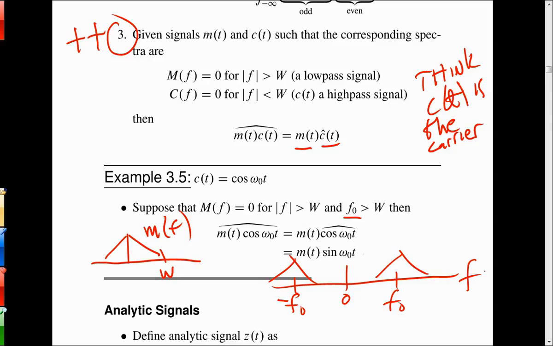So if you Hilbert transform that, the phase shift applies to the carrier only, it doesn't apply to the message, so you get m of t times the sine of the carrier, because the Hilbert transform of cosine is sine. Right now that doesn't seem all that exciting either, but it's what's going to come up in a few moments here to actually develop the modulator, and you're going to see how that works out.